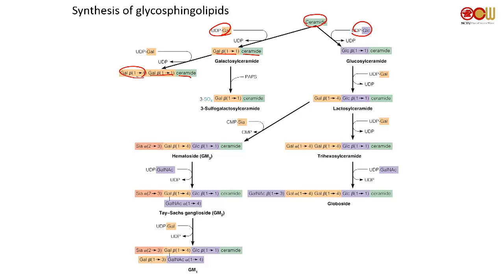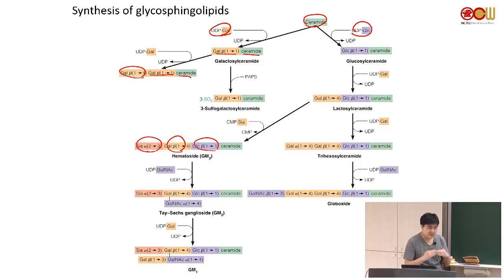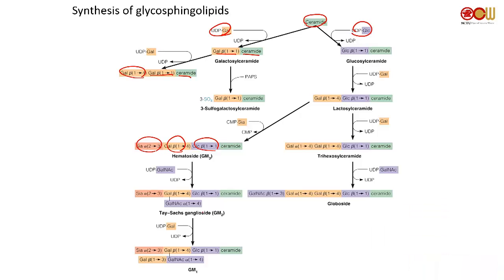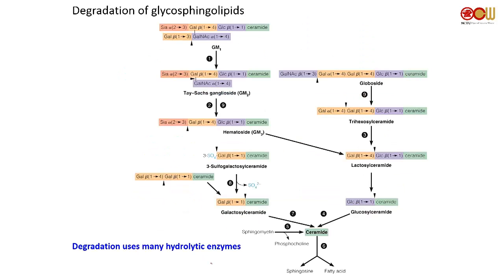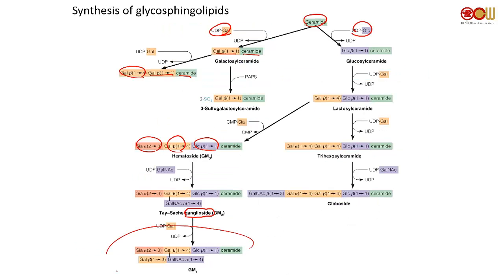Or if you get more complicated, you can get ceramide with a galactose, glucose, galactose, sialic acid. Okay, so you can keep on adding these different sugars onto your ceramide, and you form all these different gangliosides. Okay, so these things are the gangliosides.